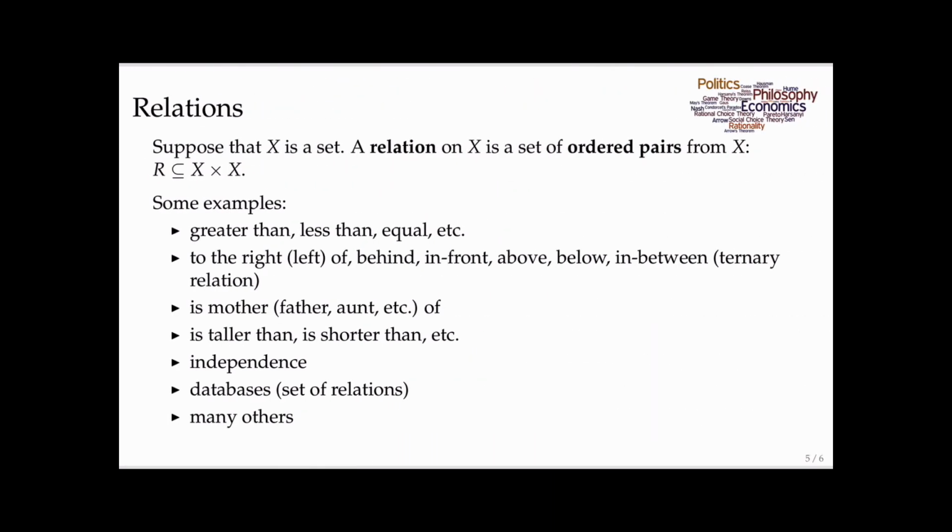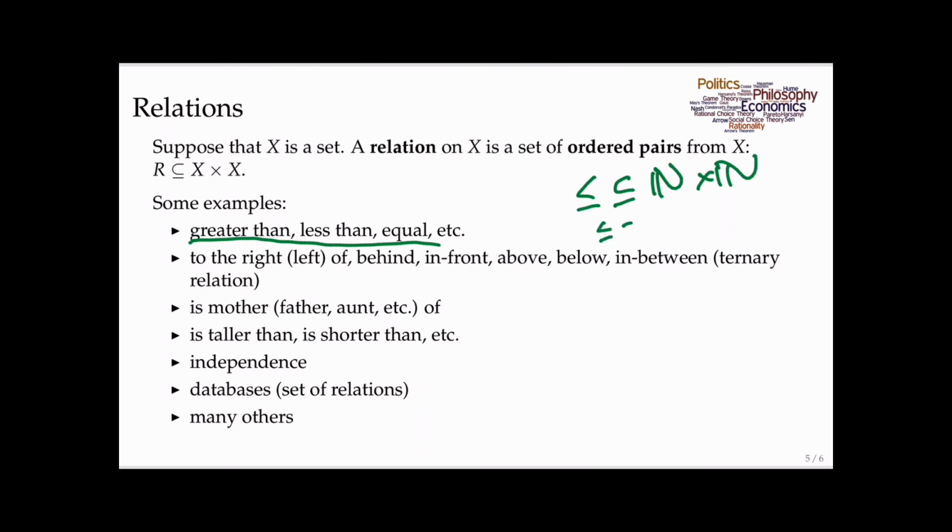So here are some natural examples of relations. For example, greater than, less than, and equal to. There the set is the set of all natural numbers or the set of all real numbers. And we can think of less than or equal to as a relation, so it's a subset of, say, N cross N. So we look at the set of natural numbers and we relate.